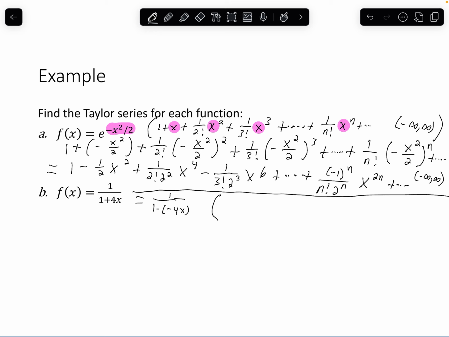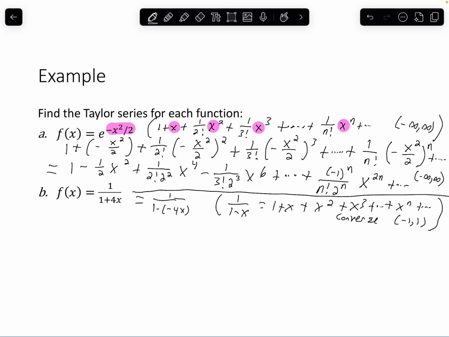For part B, let me label the basic Taylor series we previously saw. This is for 1 over 1 minus x. That being 1 plus x plus x squared plus x cubed, all the way down to x to the nth power. And that one converged from -1 to 1.